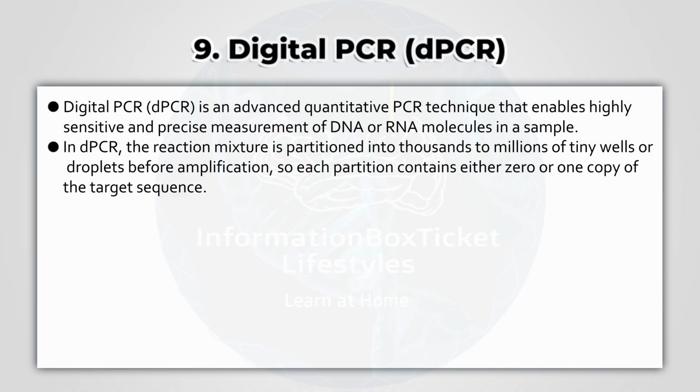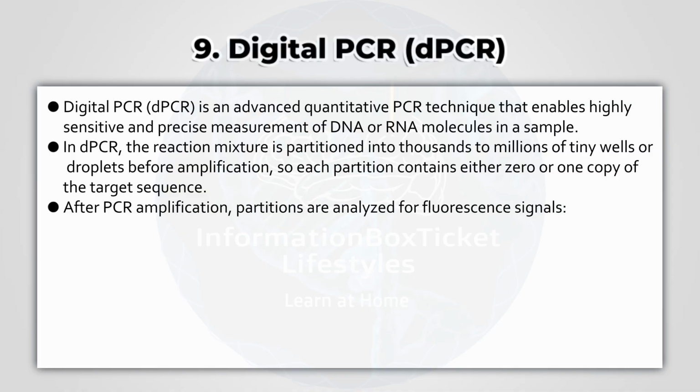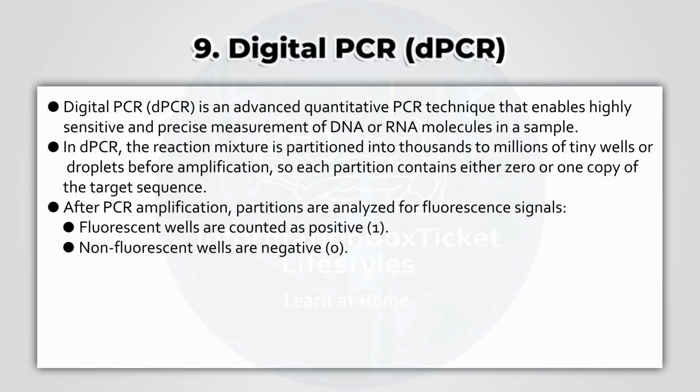In dPCR, the reaction mixture is partitioned into thousands to millions of tiny wells or droplets before amplification, so each partition contains either 0 or 1 copy of the target sequence. After PCR amplification, partitions are analyzed for fluorescence signals. Fluorescent wells are counted as positive, 1. Non-fluorescent wells are negative, 0.